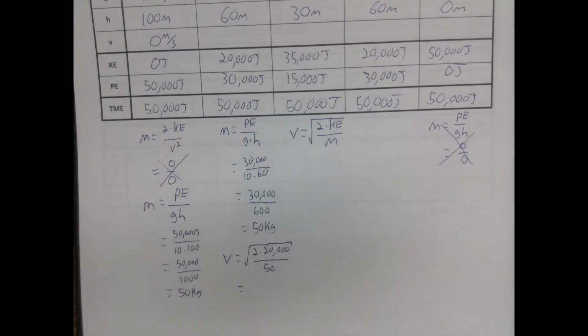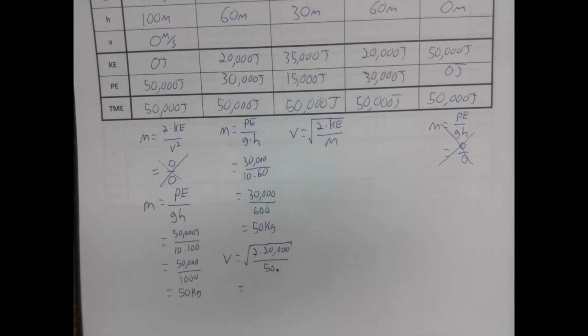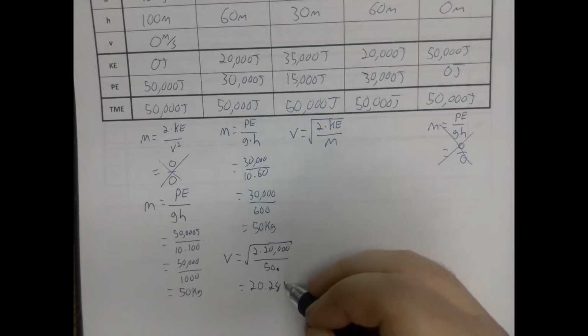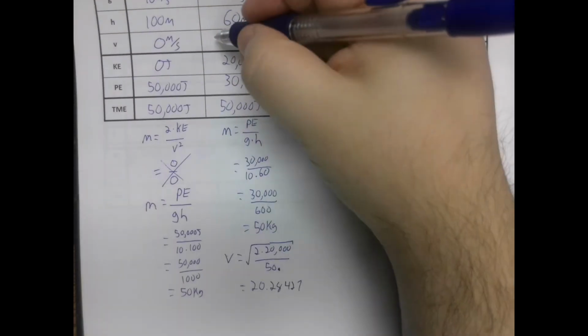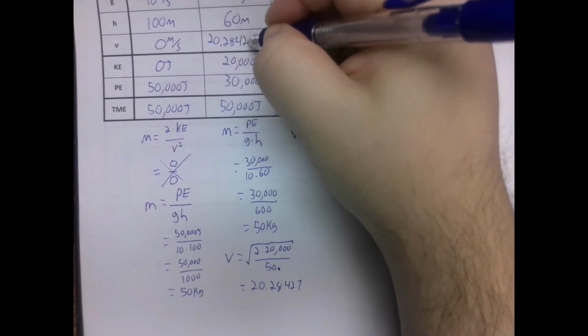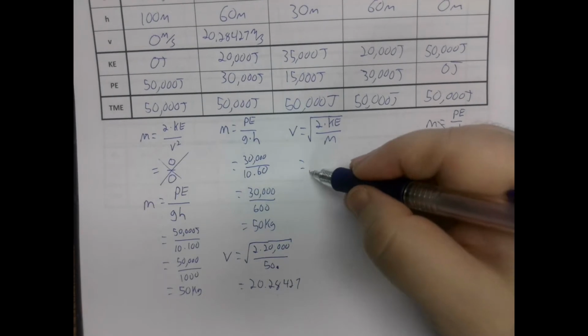So that would be the square root of 40,000 divided by 50. Remember to put a decimal point somewhere so your calculator will get you the correct answer. And that'd be 20.28427. So we can plug that in. 20.28427 meters per second.